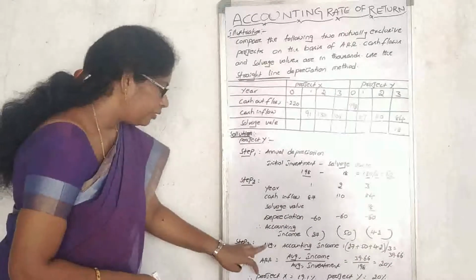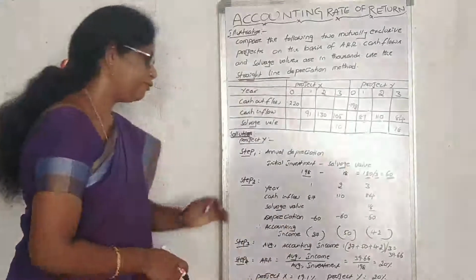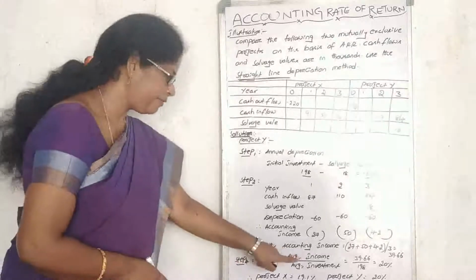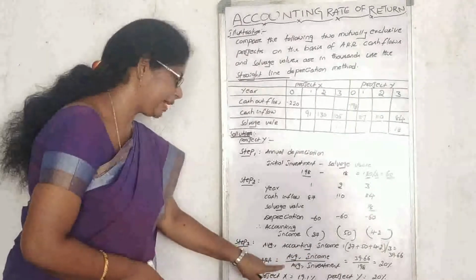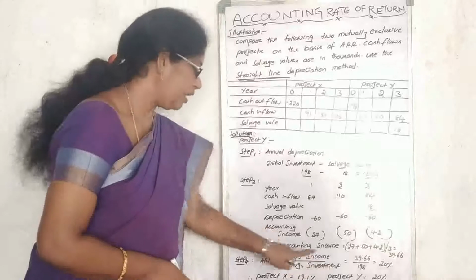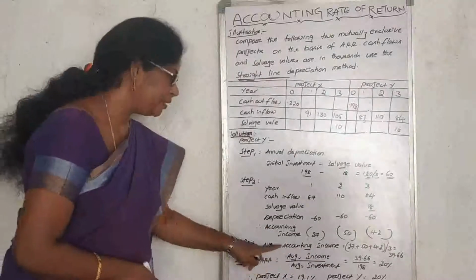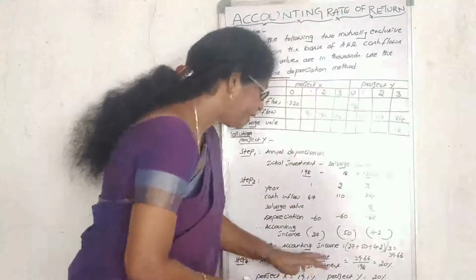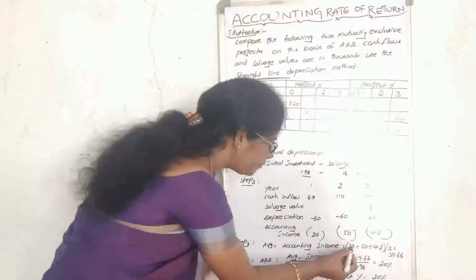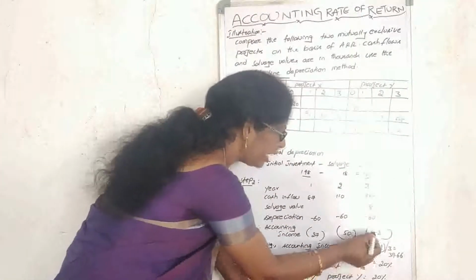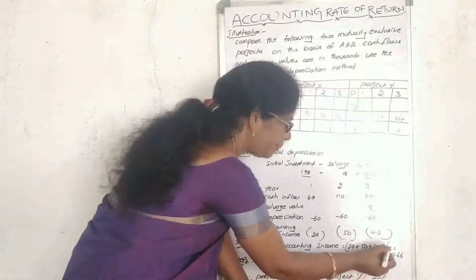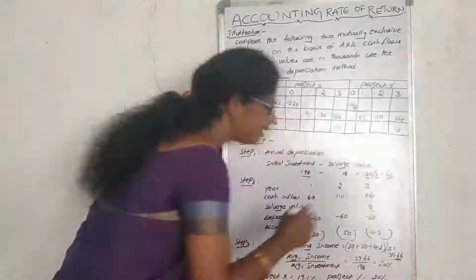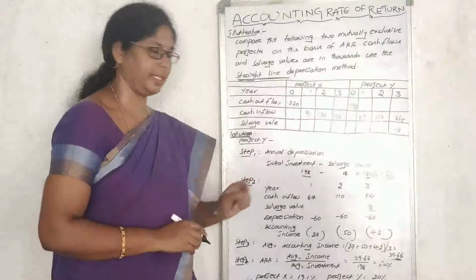And we need to calculate the average income. For what purpose? For determining the ARR, the formula is average income divided by average investment. How can we determine the average income? The total income divided by number of years. The total income will be 27,000, 50,000 and 42,000 divided by 3 years. The value will be 39,666.